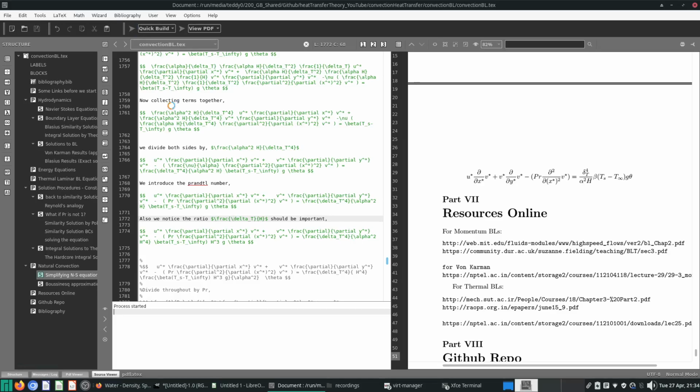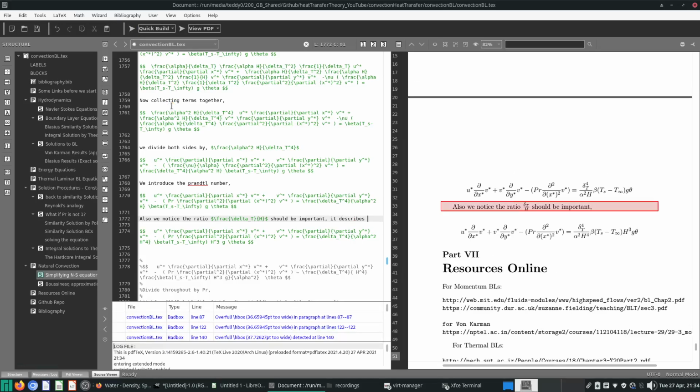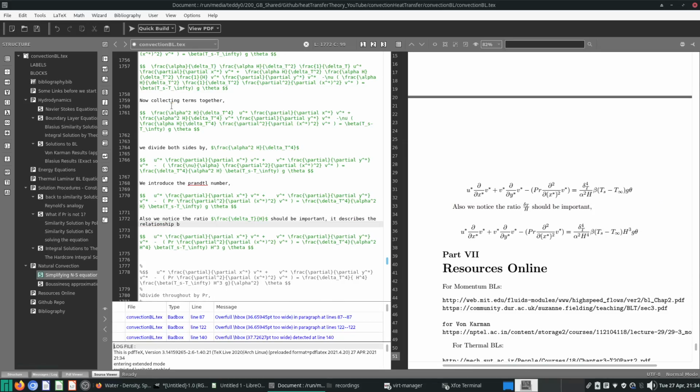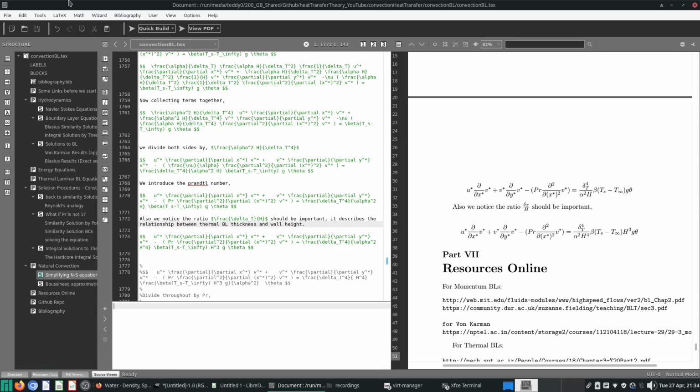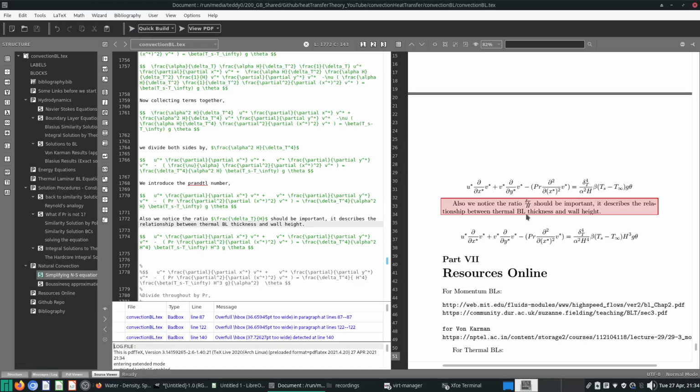This ratio describes the relationship between thermal boundary layer thickness and wall height. So this ratio is something we want to preserve. To do that, we just multiply top and bottom by h cubed to get the following, so that we can have this delta t over h ratio. So we can see from this equation the relationship between boundary layer thickness and wall height.